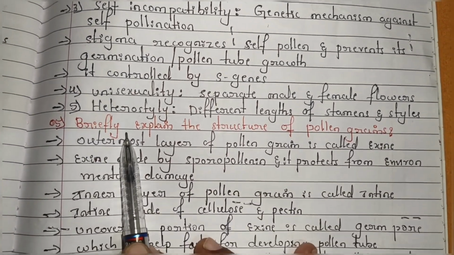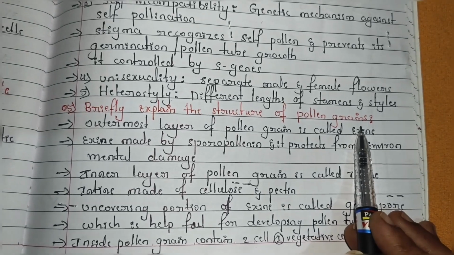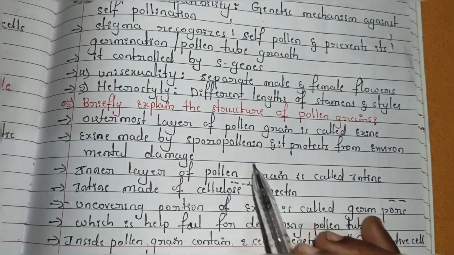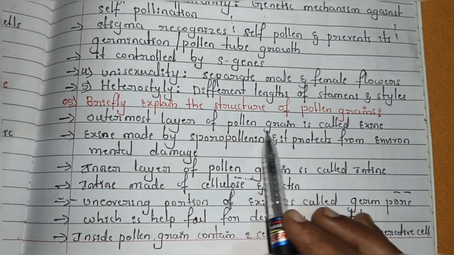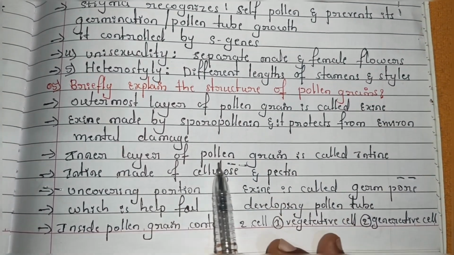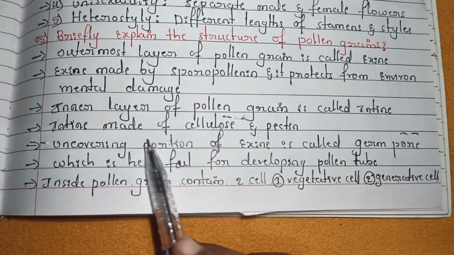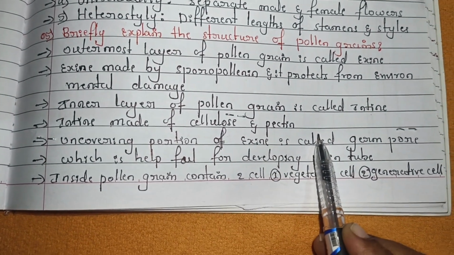The fifth question is: briefly explain the structure of pollen grains. The outermost layer is called the exine, made of sporopollenin, and the innermost continuous layer is called the intine, made of cellulose and pectin.